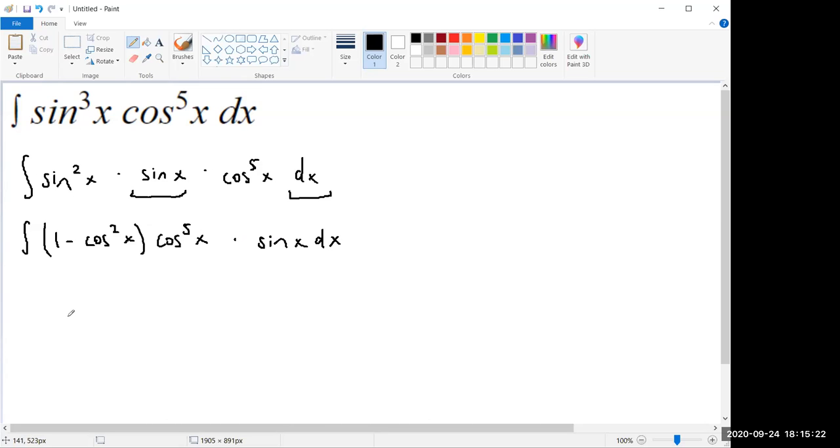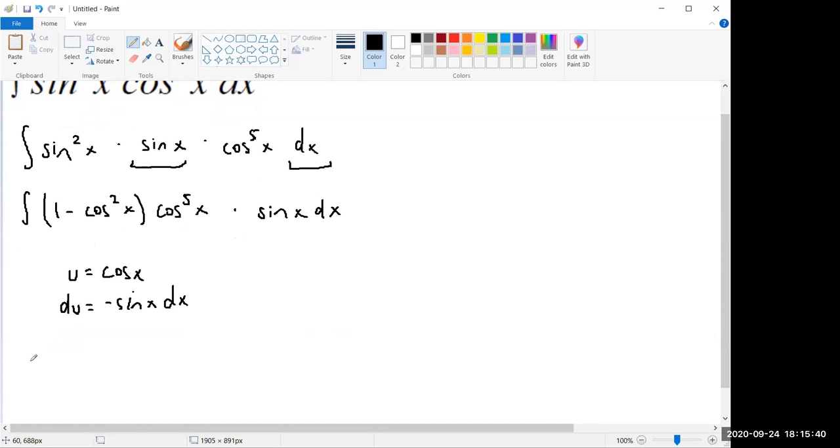So this will be u equals cosine of x. So du is negative sine of x dx.